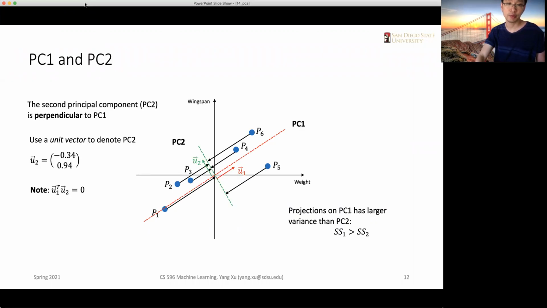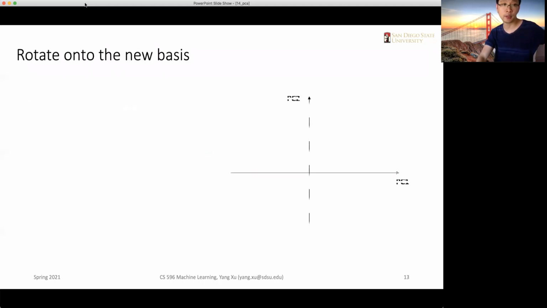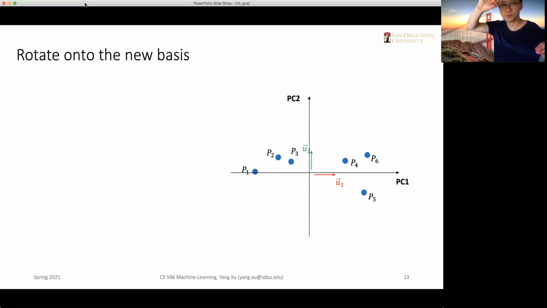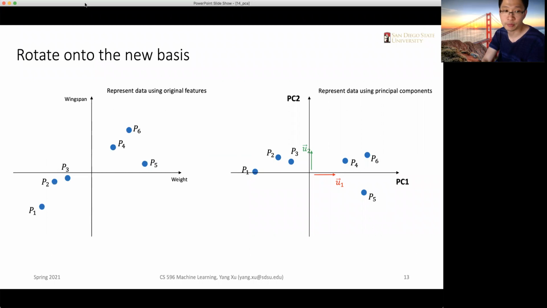Because we have U1 and U2 now, we can use these two vectors as the new coordinates to describe the data. We can basically rotate the data to the new basis. We have two basis vectors, U1 and U2, so now we represent the data using our principal components.